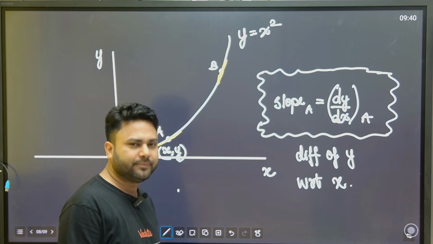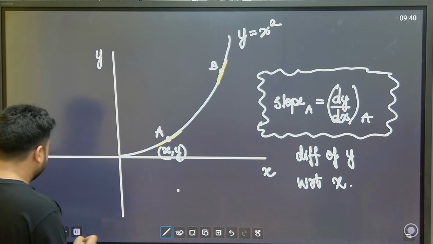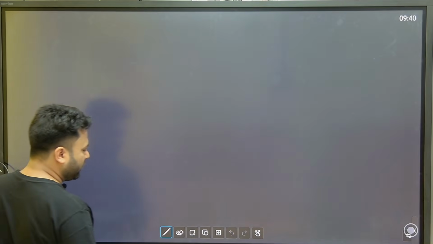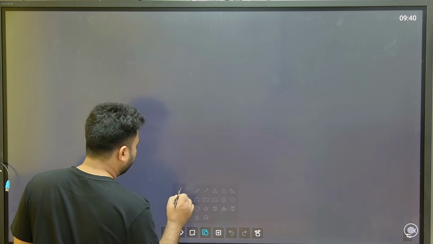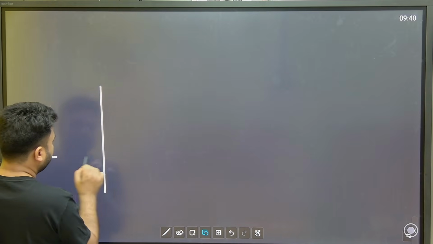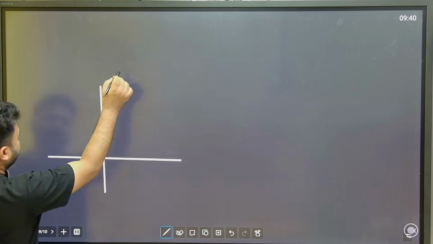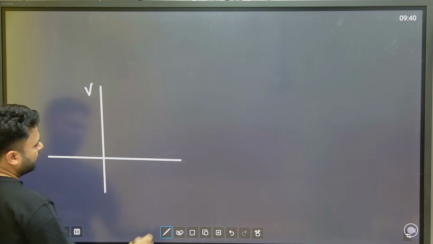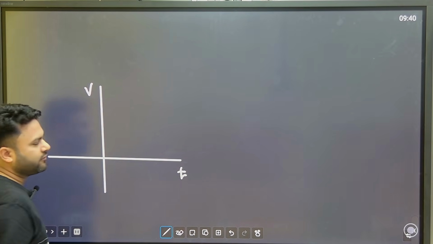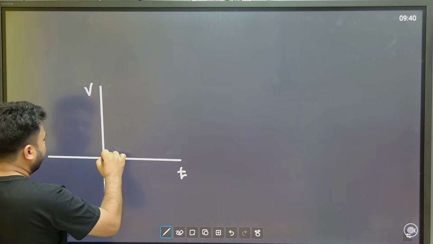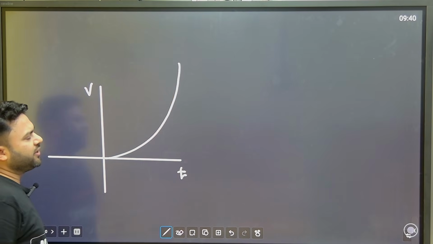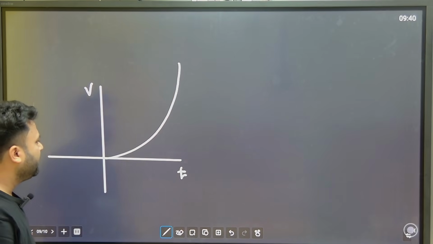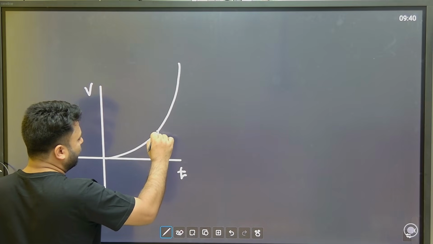Now some basic things you have to remember. Suppose this is a V versus T graph, and here we have some graph. They are asking what is the slope at this point.